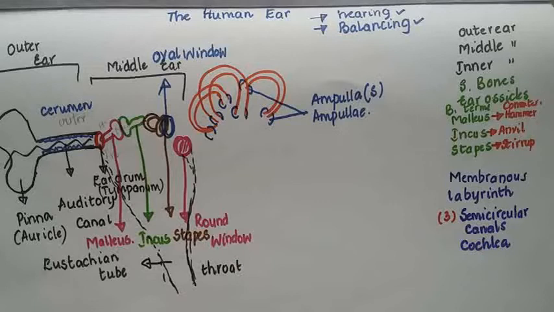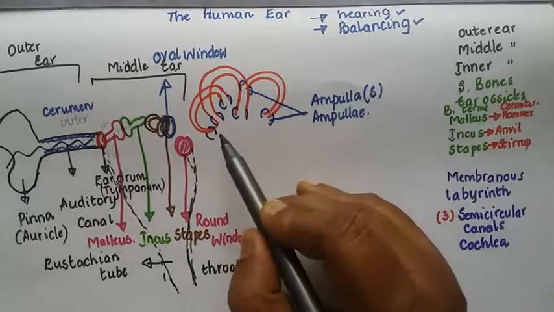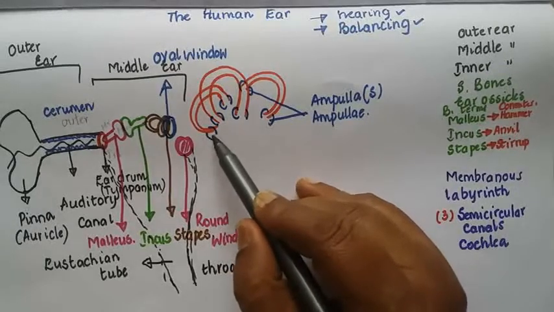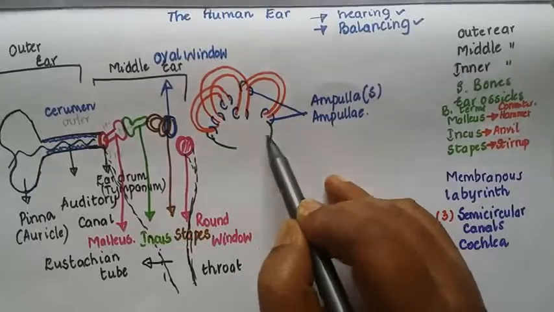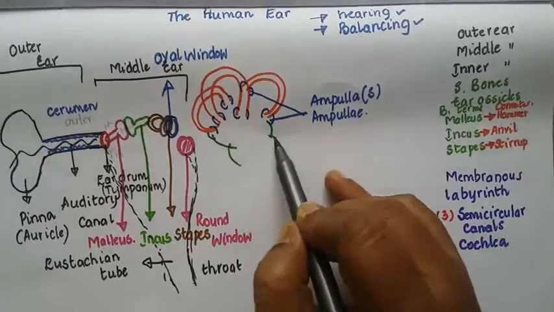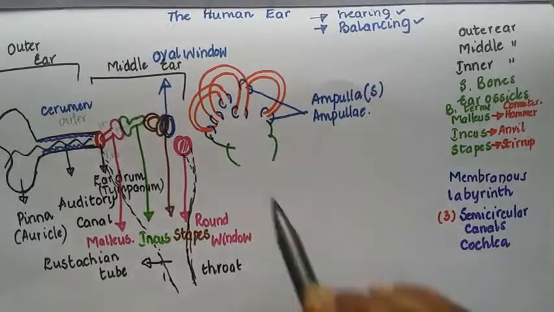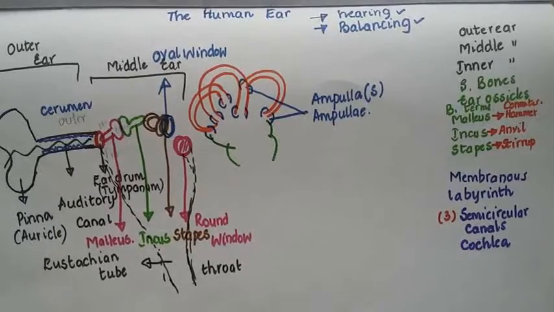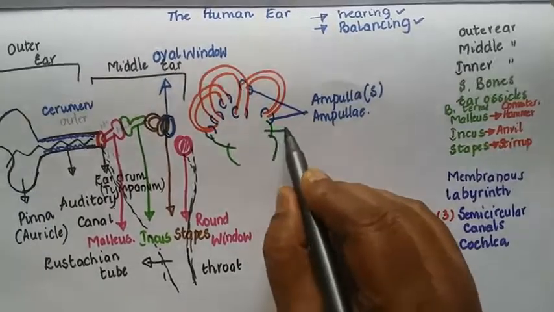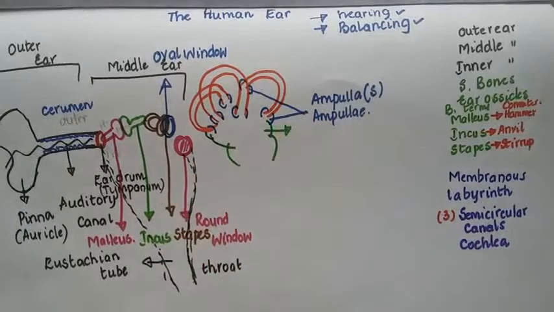At the base of these semicircular canals we find a short stem-like structure.